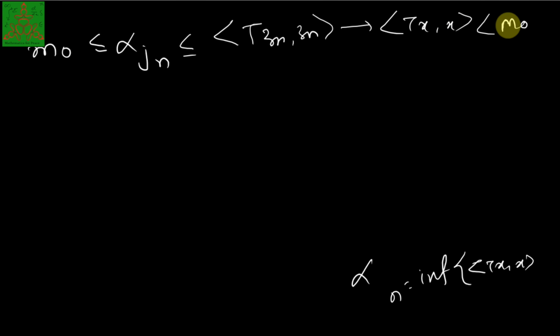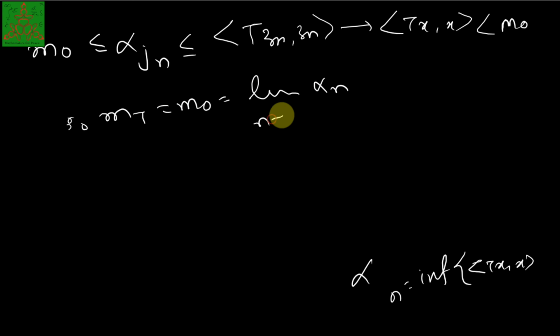It gives a contradiction with m0 being strictly less than m0, and hence we have mt equal to m0, which is the same as the limit of alpha n as n tends to infinity.